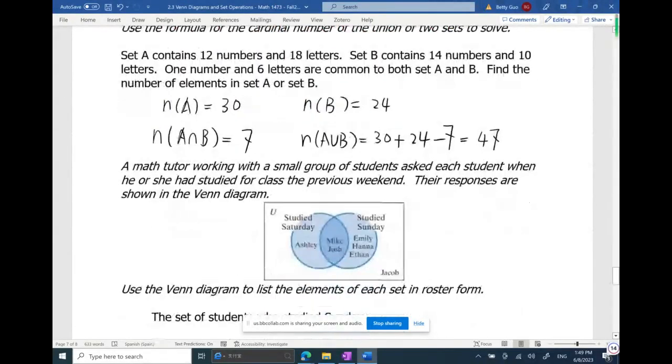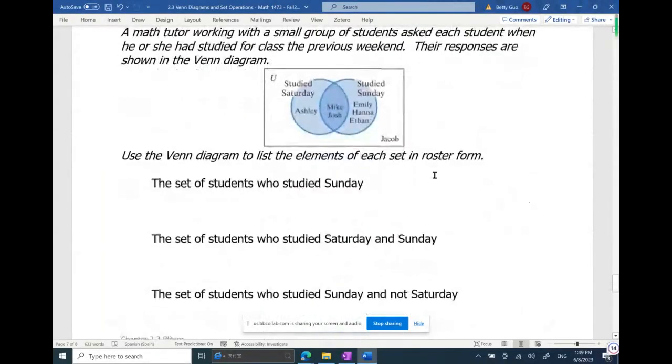A math tutor working with a small group of students asked each student when he or she had studied for class the previous weekend. Their responses are shown in the Venn diagram. This example shows how you record the results of a survey by using a Venn diagram.